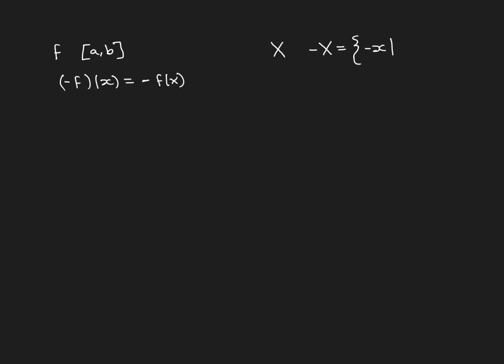So it's -x, where little x is an element of capital X. The results we need are: what is the supremum of -X and what is the infimum of -X? The answer is that the supremum of -X is equal to minus the infimum of X, and the infimum of -X is equal to minus the supremum of X.